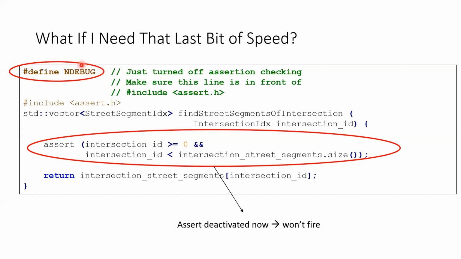So when you submit, you can leave this define NDEBUG flag in. But when you're running your own program, we still want you to do the assertions in your code.